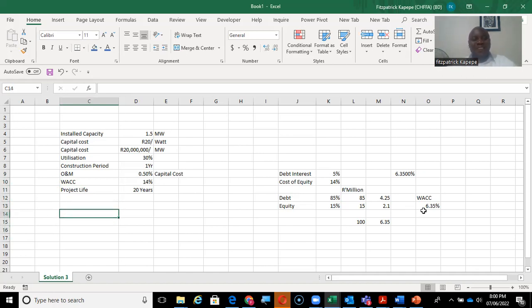Okay, so we have now these numbers, and this is what we're going to do. The first thing that we need to do, guys, is to find the total Capex, capital investment, which is basically your Capex.